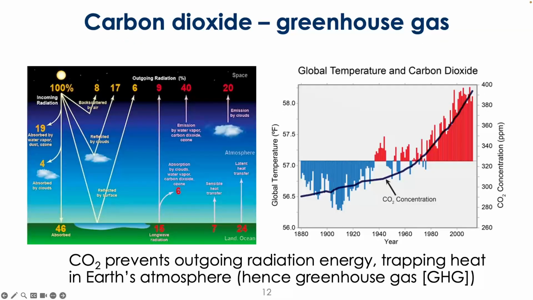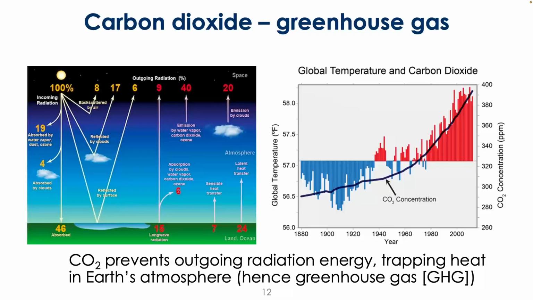So carbon dioxide, that's the big one that we usually talk about with greenhouse gases. This is where CO2 accumulates in the atmosphere and acts as a greenhouse gas, which means that it traps heat within Earth's atmosphere. This diagram shows an equilibrium where you have sunlight energy coming in and then radiating back out into space.